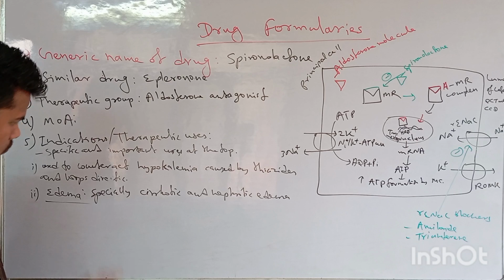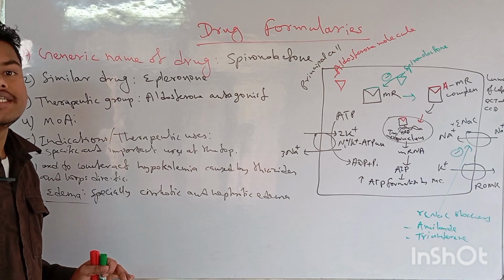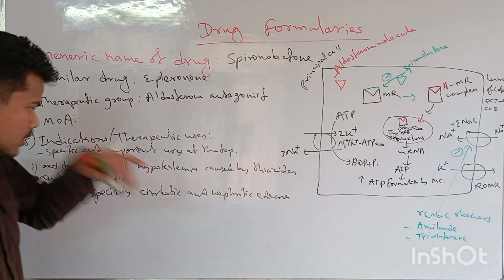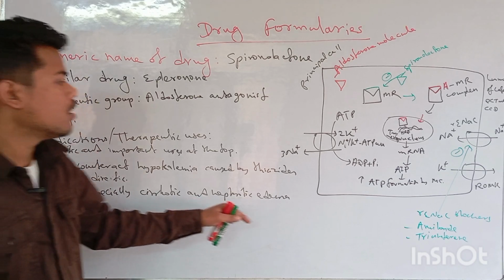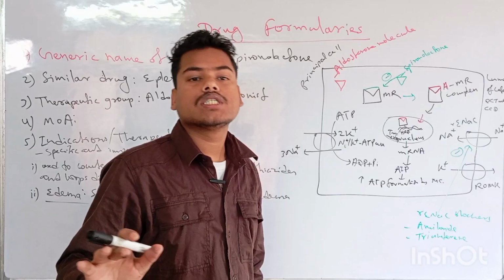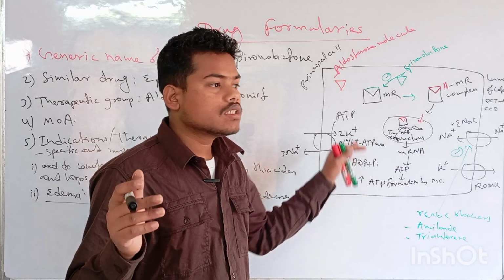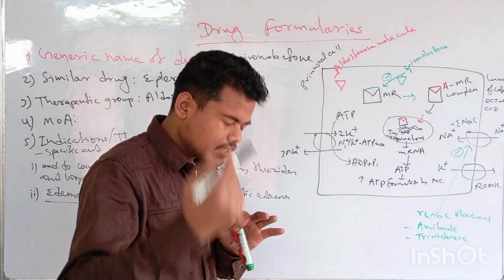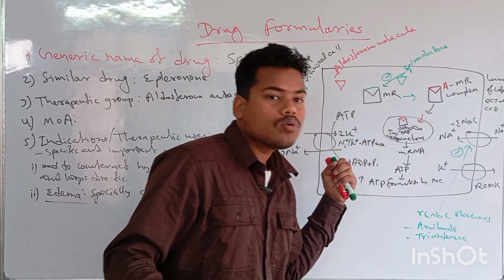So if there is cirrhosis, there will be ascites, that is edema of the peritoneal cavity. In nephrotic edema, if there is nephrotic syndrome, there will be excess loss of the albumin. Albumin is an osmotically active particle. Since that loss is occurring, the body's defense mechanism will try to retain more.